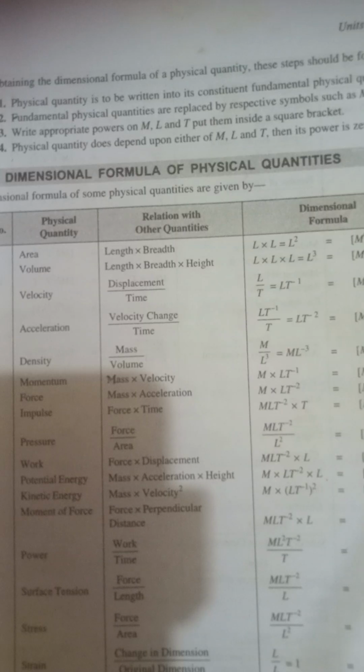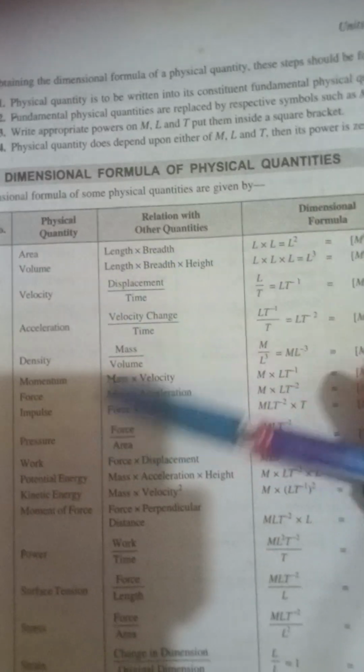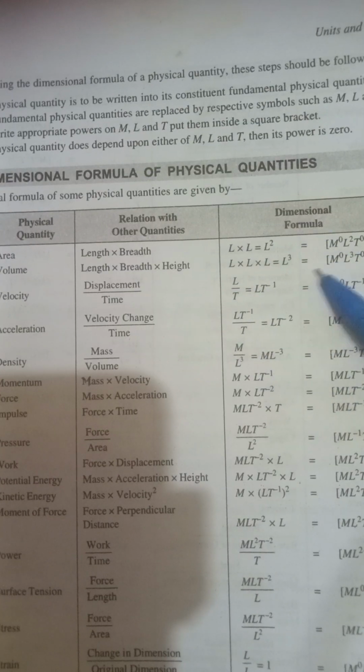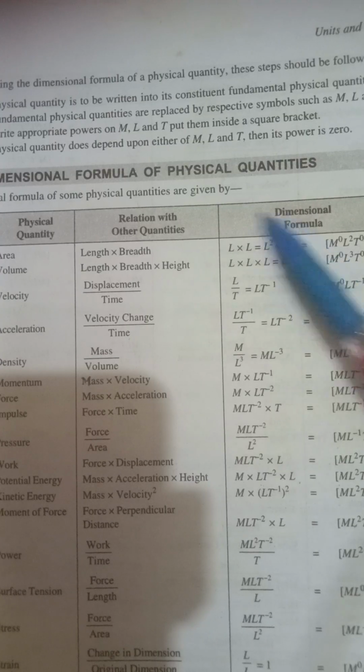Physical quantity area: relation with other quantities is length into breadth. Dimensional formula is L into L, L square, M to the power 0, L square, T to the power 0, SI unit meter square.